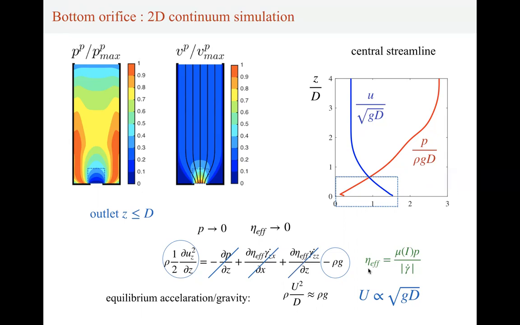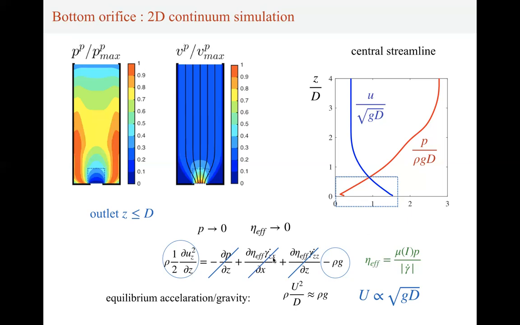But this size d is a typical size on which, because the pressure is 0 at the outlet, the friction is negligible at the outlet, and the friction becomes important on a length scale of size d. Okay, I see. So you recover the same scaling, but on a slightly different mechanism. That's right.